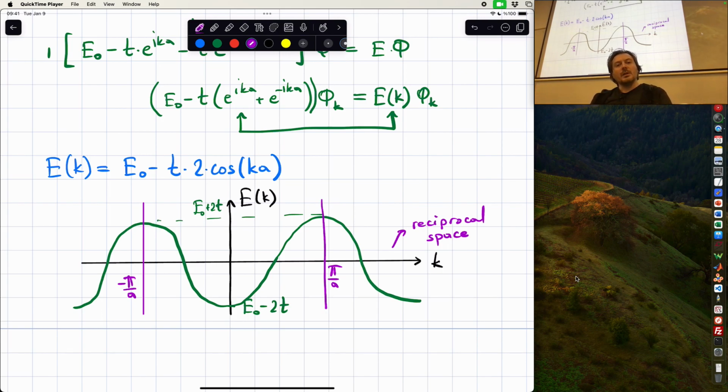Okay. Now, what does this plot tell you? When you have one atom, you have, let's say, one energy, and we were talking about a single orbital, right? We would bring together two atoms. Each one would bring one orbital per atom, and they would split and make bonding and anti-bonding orbitals, right? Now here we have an infinite number of atoms.